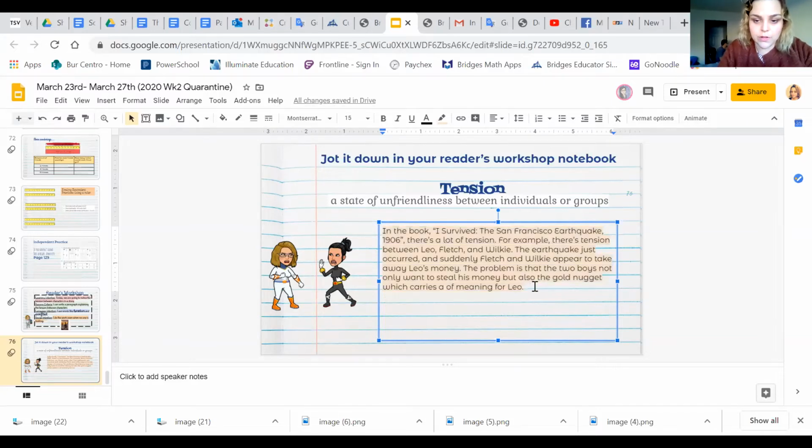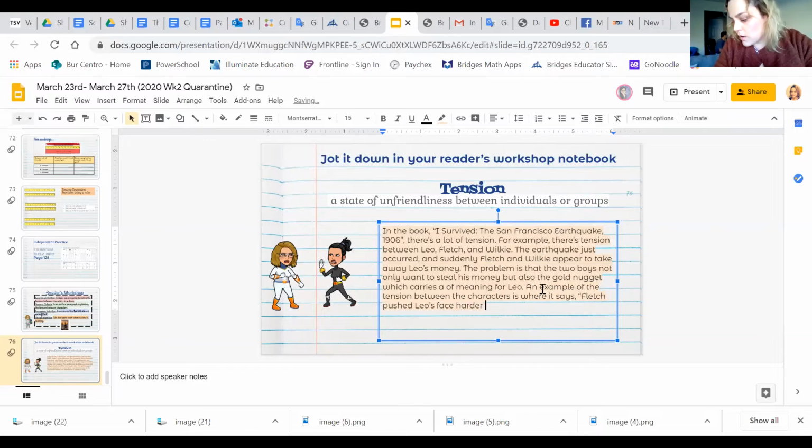So for example, here's an example of the tension between the characters is where it says, comma, and here's my quotation or my quote, Fletch pushed Leo's face harder into the wall.